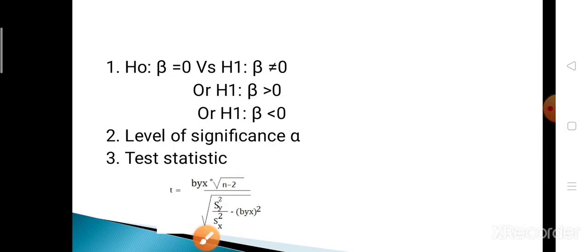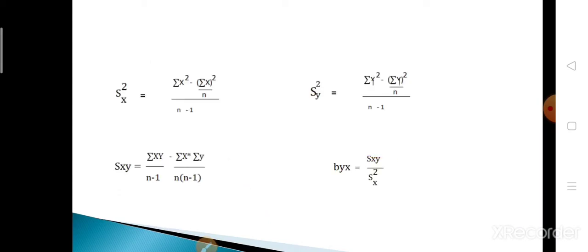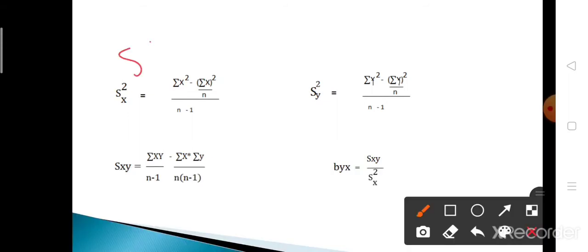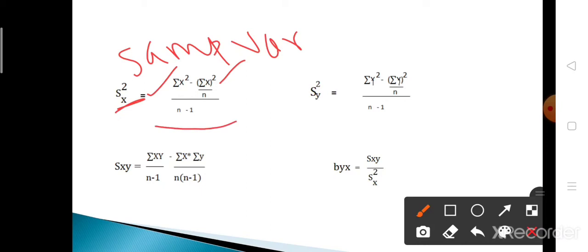How to calculate sx square, sy square, byx? The formula for sx square, the sample variance for the random variable x, is summation x square minus (summation x) whole square divided by n, whole divided by n minus 1, where small n is the sample size.